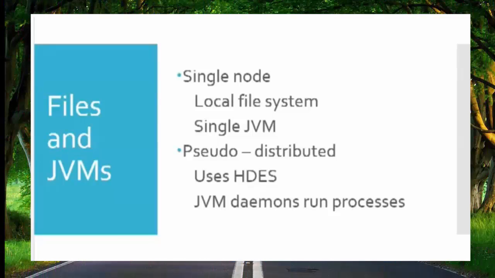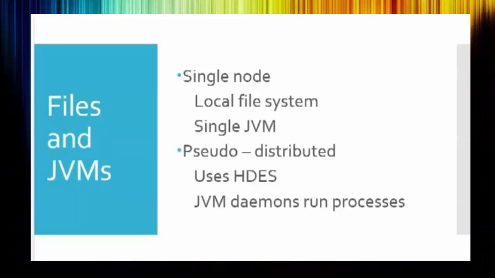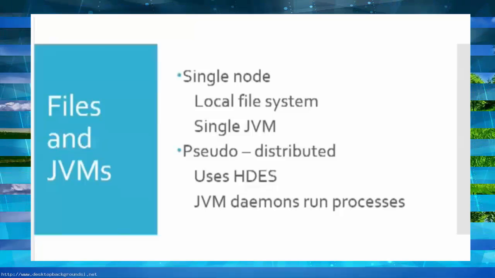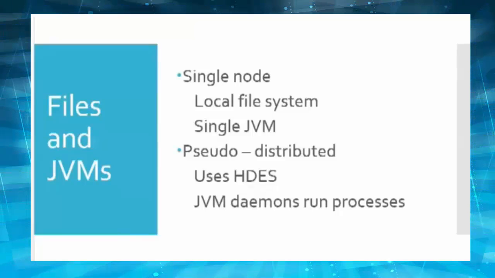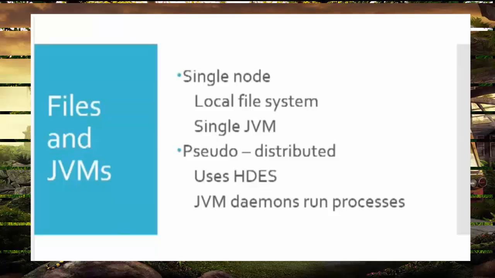If you deploy in pseudo-distributed mode, you're going to use HDFS, and the Java daemons are going to run all the processes on a single machine. If you run in fully distributed mode, you're going to use HDFS, it's going to be triple replicated, and the daemons are going to run in various locations depending on where you choose to place them. This placement choice is an important implementation detail in a production workload.